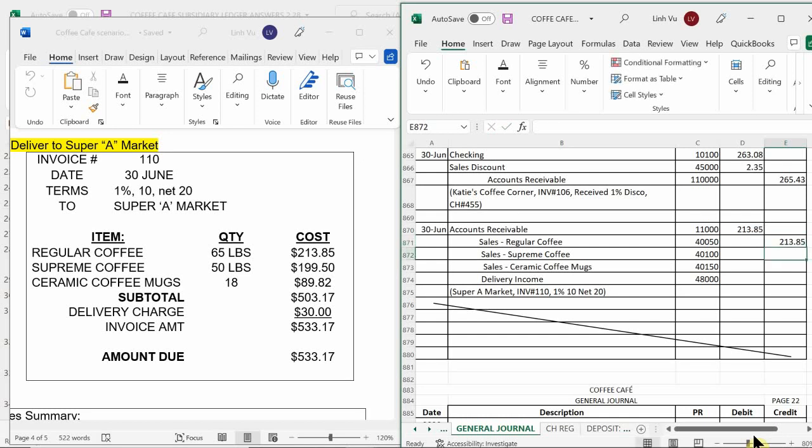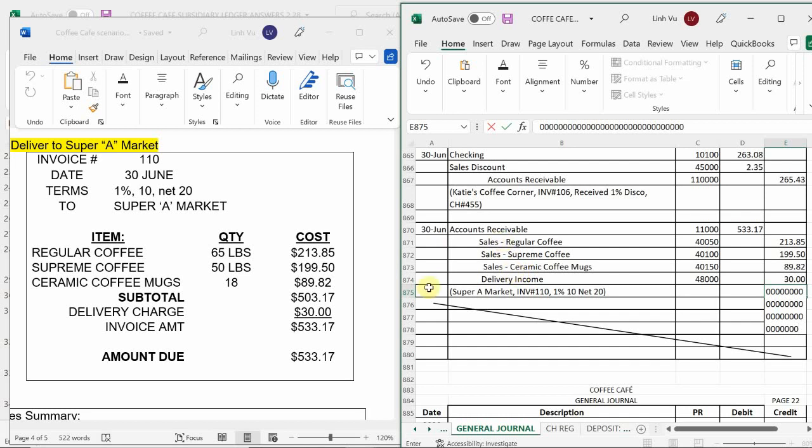We sold 50 pounds of Supreme coffee for $199.50. And we sold 18 ceramic coffee mugs for $89.82. And of course, we charged a $30 delivery fee to get us a grand total of $533.17. Good, which matches my spreadsheet here. Okay, so there you go.